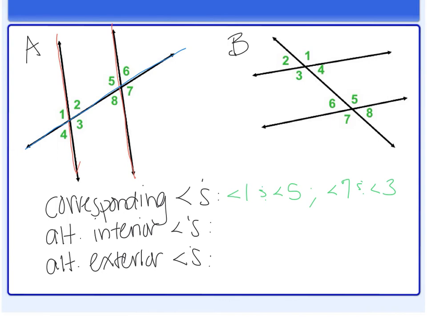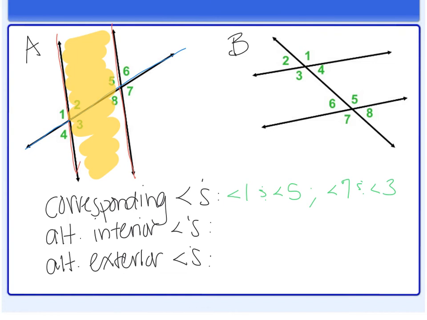How about alternate interior? Remember us discussing the interior means the space that is inside of the two parallel lines. So here, highlighted in yellow, is the space inside the two parallel lines.